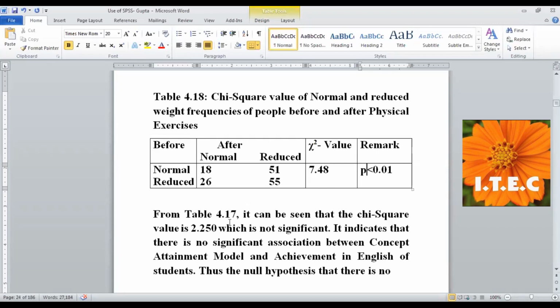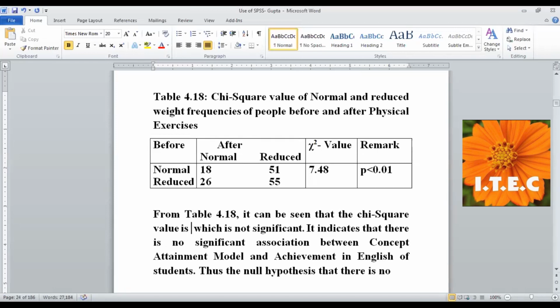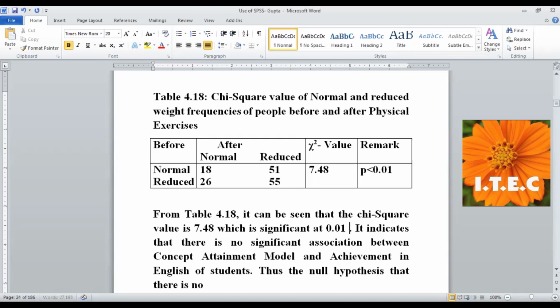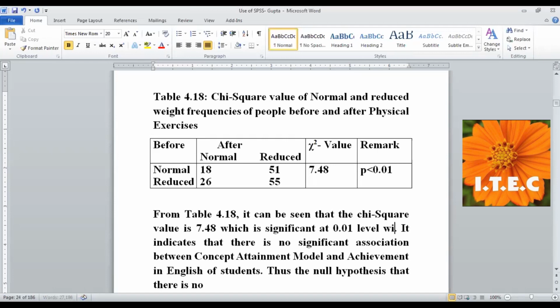Now you say from table 4.18, it can be seen that the chi-square value is 7.48, which is significant at 0.01 level with df equal to 1.